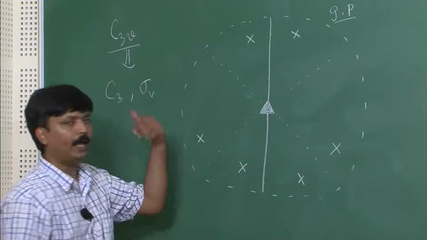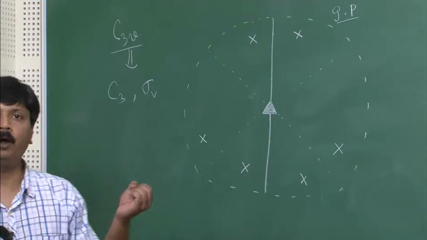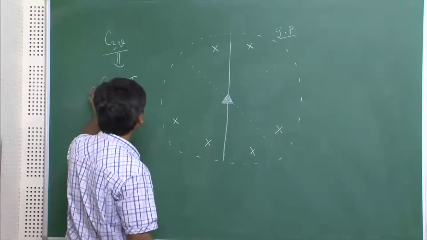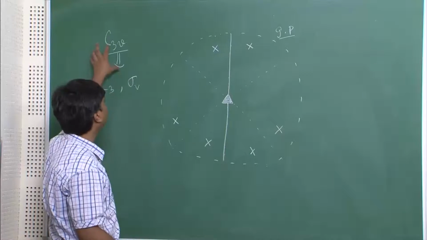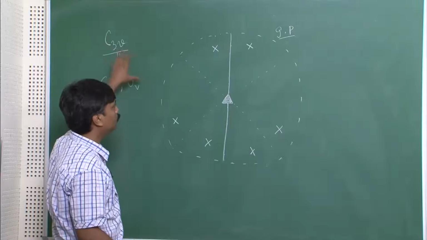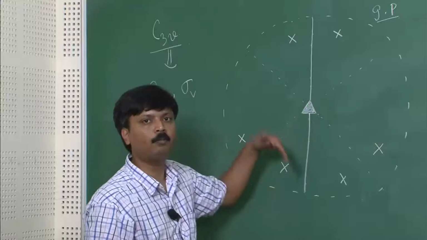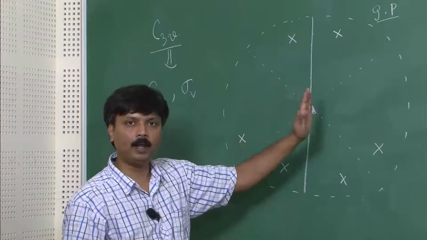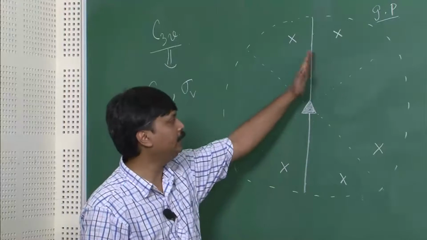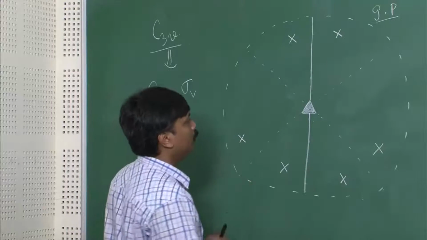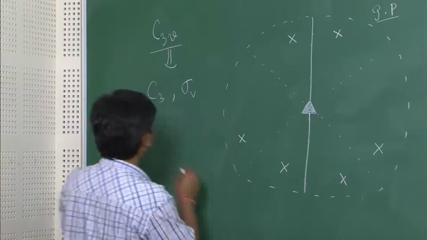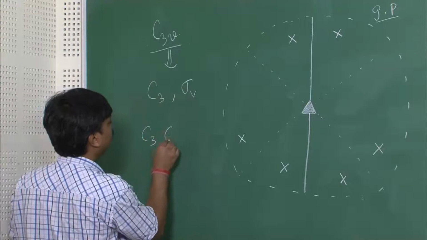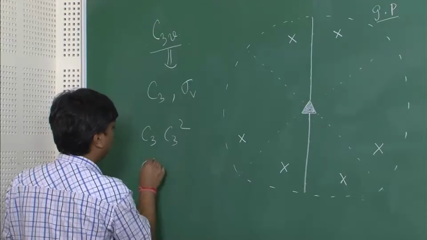So, now I have generated all the points that I could using the information from the Schoenflies notation. I have used the C3, performed the operations C3 and C3 square, and then applied one sigma v, and I see the effect here.